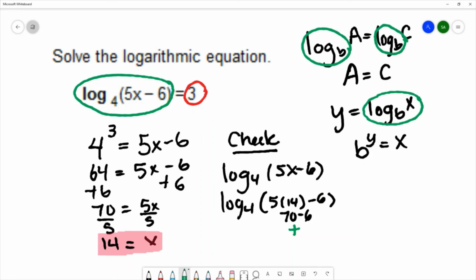For the logarithms, the domain is only positive numbers. You can only take the log of a positive number. So because this value came out to be positive, we know that 14 is in the domain of this log expression. So our solution is x equals 14.